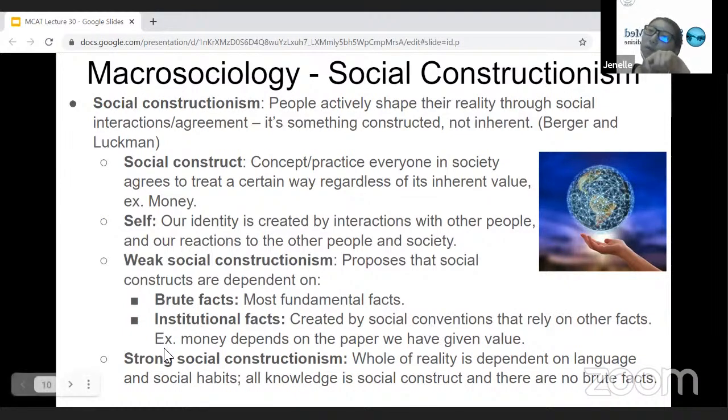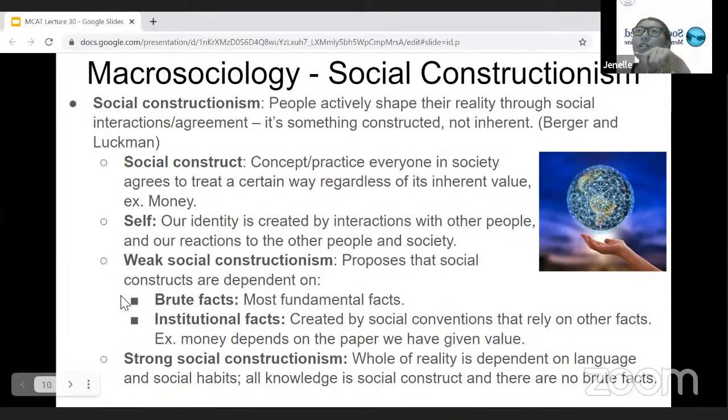So like the example with money, it depends on the value that we give this piece of paper. And this was contrasted with strong social constructionism, which is when the whole of reality is dependent on language and social habits, and all knowledge is a social construct and there are no brute facts.